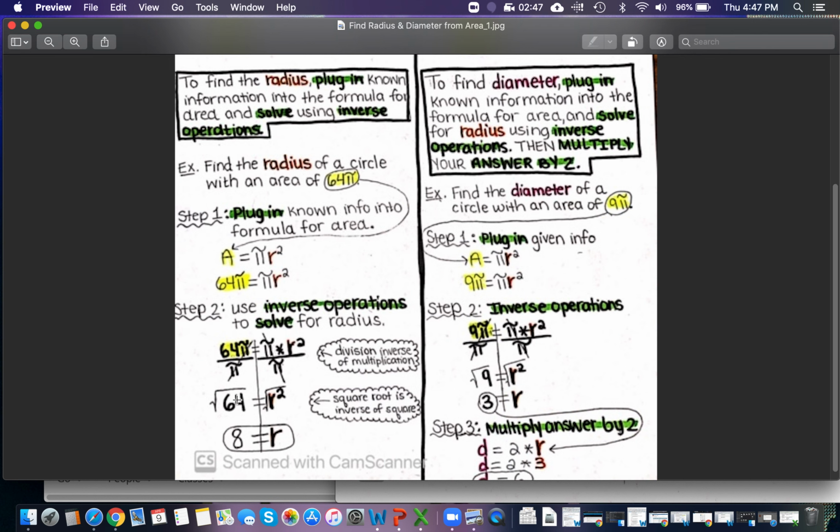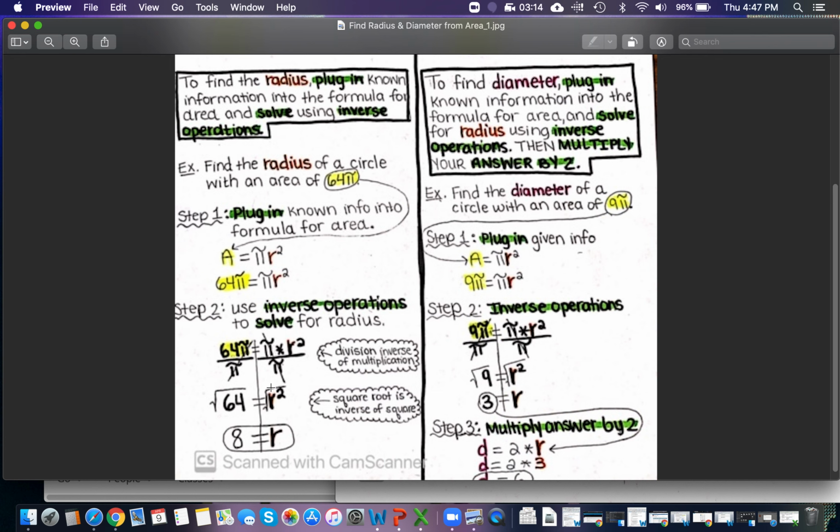Now this is the part that's going to be a little bit different. You did practice earlier this week with squares and square roots. So I have radius squared equals 64. The opposite or inverse of squaring a number is to take the square root. So what I'm going to do to both sides is take the square root of each side.